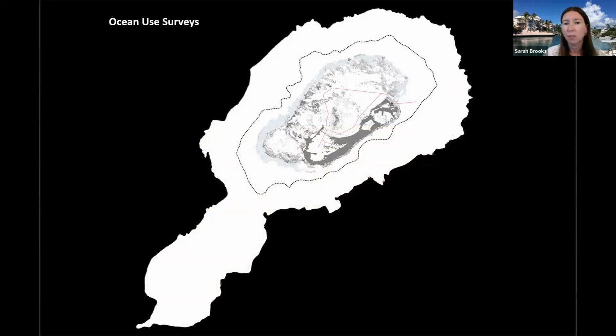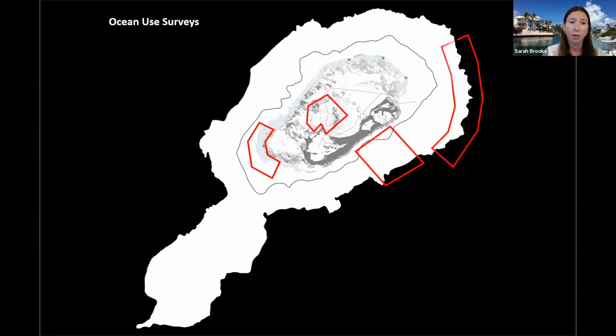And I'll just explain a bit more how we collected this information so you can get a better idea of how these heat maps were created. But we basically asked respondents to draw on a map the areas of the ocean that they value the most, and then give those areas a score based on how much they valued them. So in this hypothetical example, let's say this is a fisherman drawing areas on a map of where he values the most for fishing.